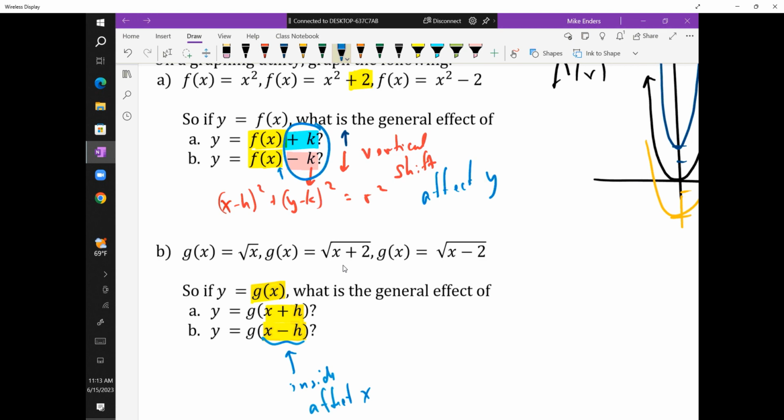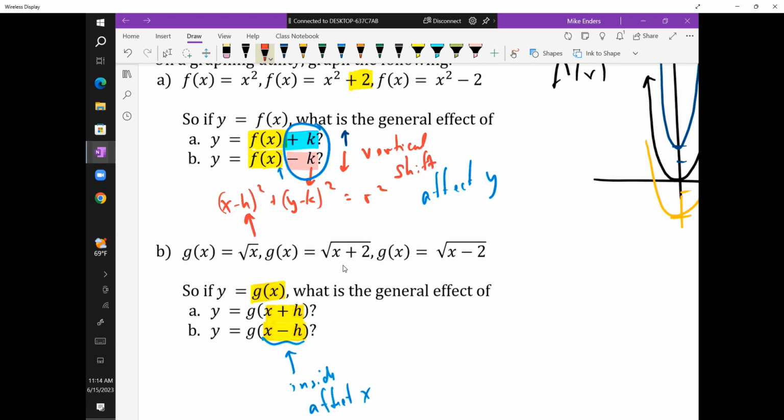So we want to be able to affect the x's in this regard. So this is going to be a horizontal shift. Notice again, same way as what we had looked at before when we did circles. In the circles, this h was the horizontal, the x value of the center of the circle. And so we moved right and left. Same thing down here. We're going to end up moving right and left again overall.